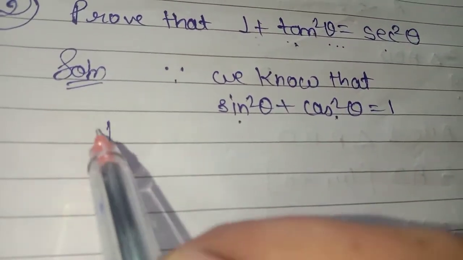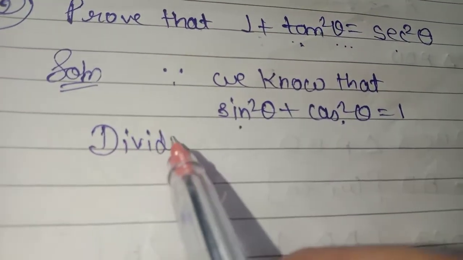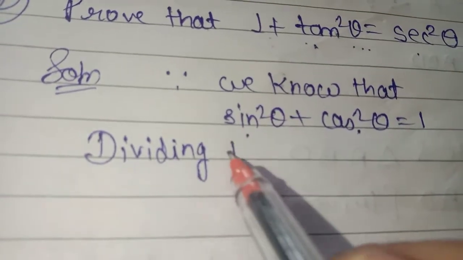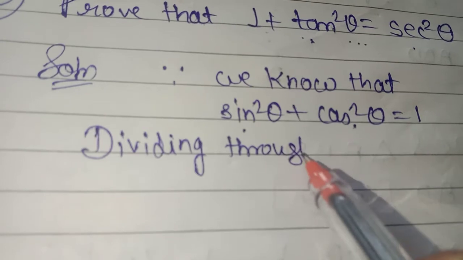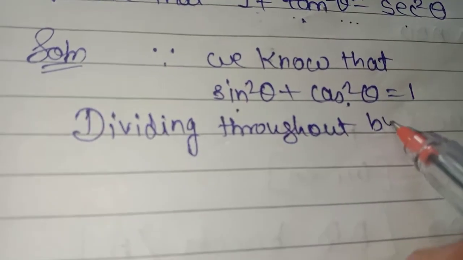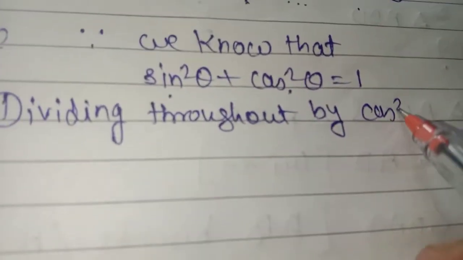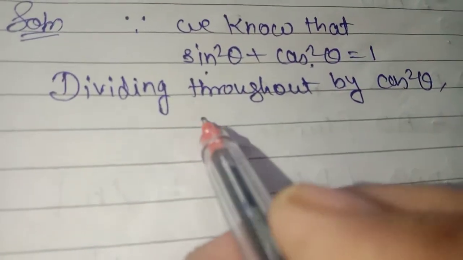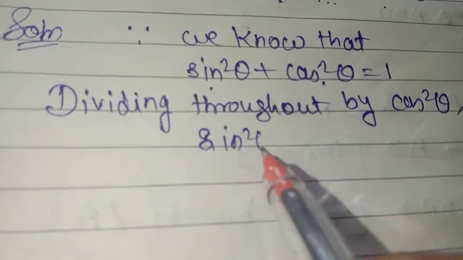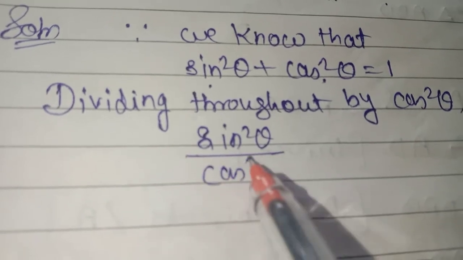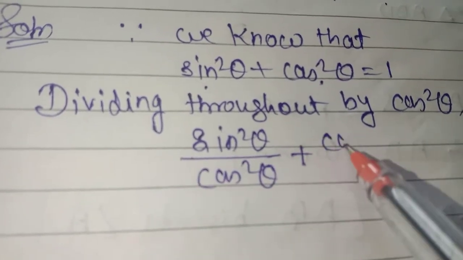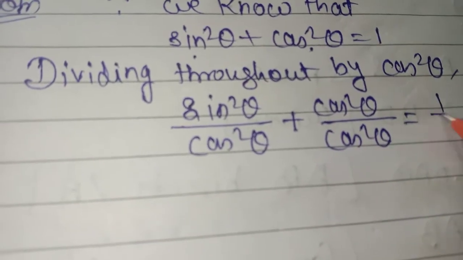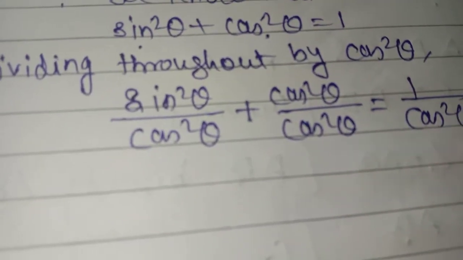So right here, dividing throughout by cos square theta. I am dividing the whole term by cos square theta. What will I get here? Sin square theta upon cos square theta plus cos square theta upon cos square theta is equal to 1 upon cos square theta.